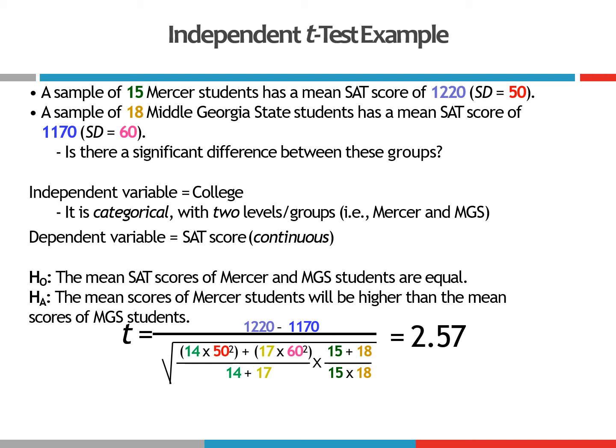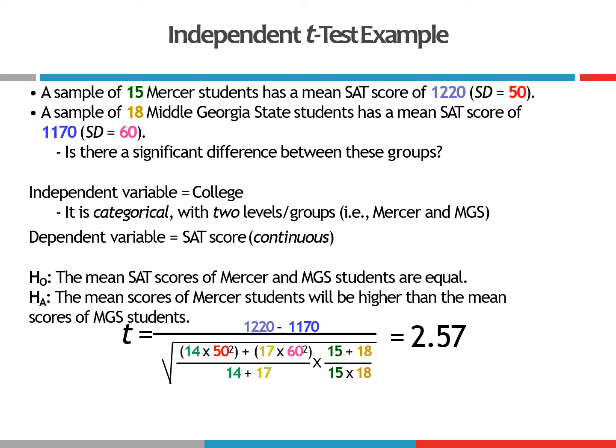All right, so now let's go ahead and plug in our values into our formula. We'll start with the easy one, at the top of our fraction. We'll call Mercer group 1, so we have 1220 minus 1170. And now at the bottom, we have our sample size of 15 and 18 on the right side of the equation.